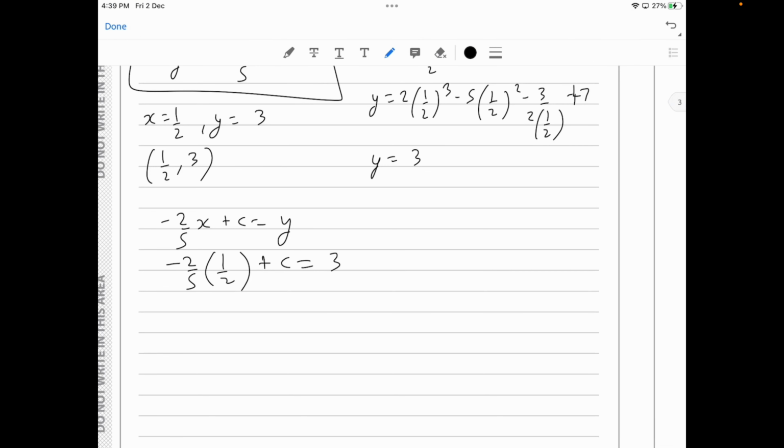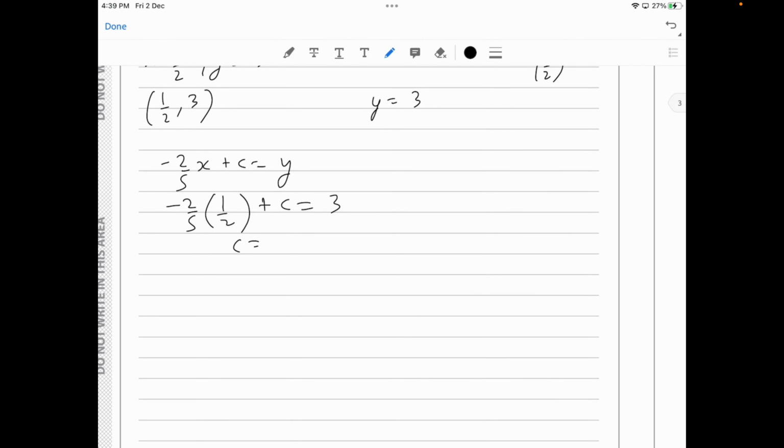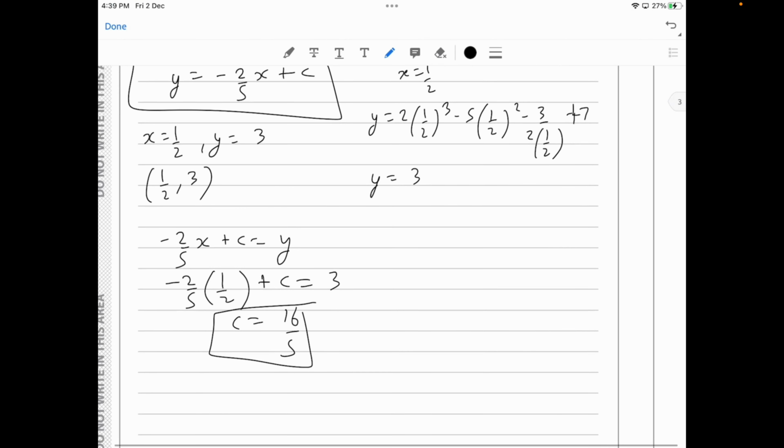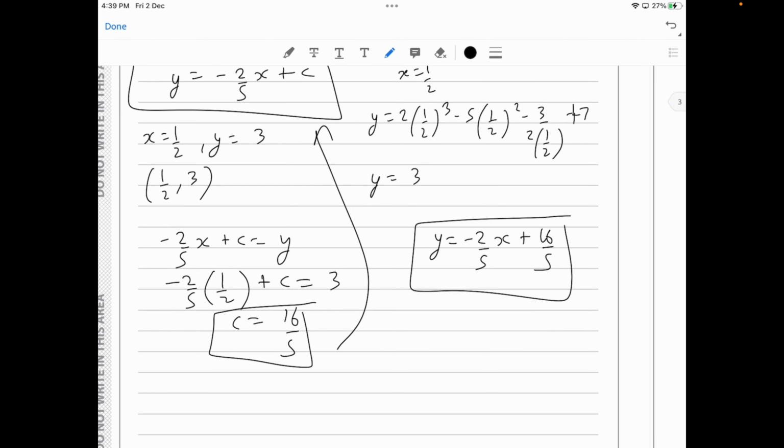When you rearrange all of this, you're most probably going to get c as 16 divided by 5. This is going to be the value of c. All we need to do now is substitute this back into the equation, which gives y is equivalent to negative 2 divided by 5 x plus 16 divided by 5. Now this is going to be your equation.